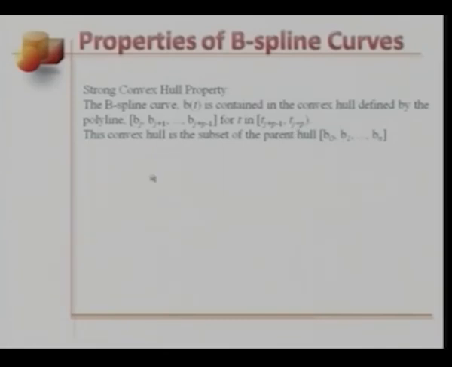In a sense, over each knot span [t(j+p-1), t(j+p)], a part of the B-spline curve will lie within the convex hull defined by the corresponding p design points. And this convex hull will be a subset of the parent hull defined by b0, b1 up to bn, in a sense, all the design points.